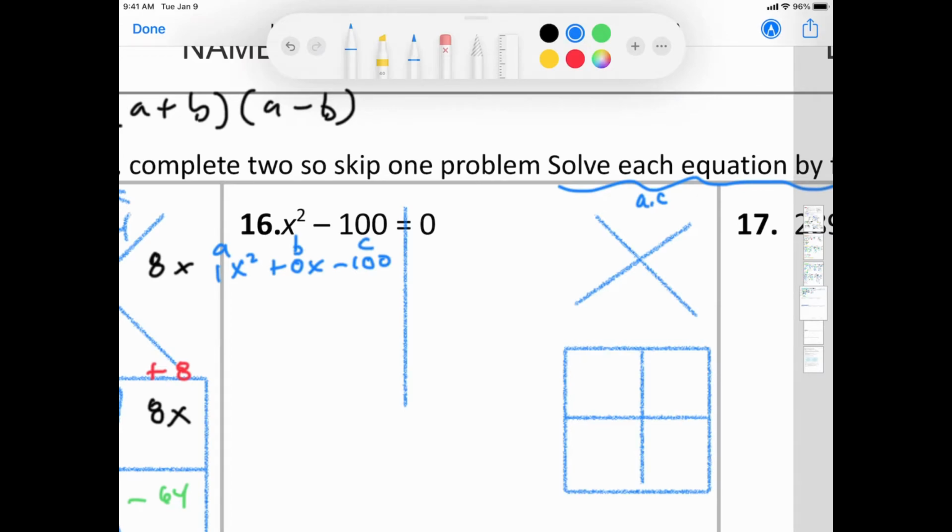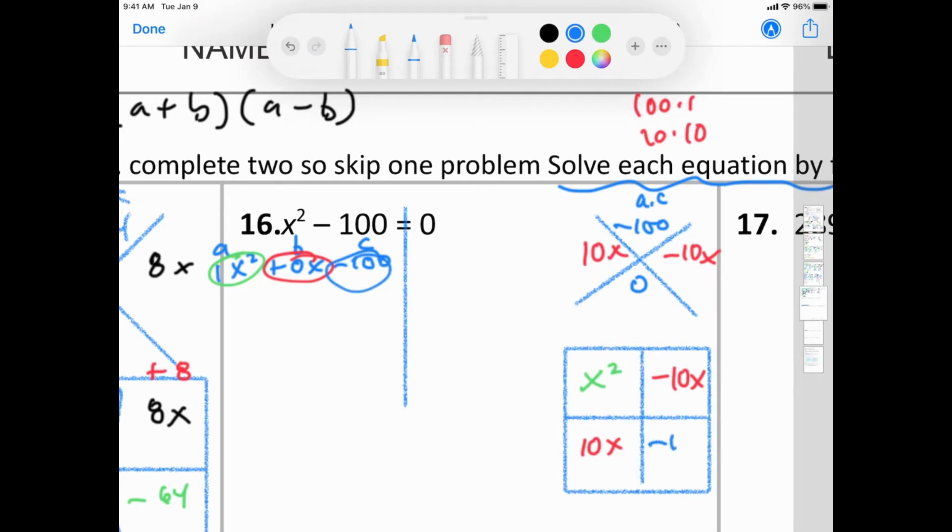So 1 times negative 100 is negative 100. My b value is 0. My numbers are going to be, remember it's the identical one, so 10 and negative 10. You're going to put those here and here always. That was this term, 1x squared or just x squared, and then negative 100.